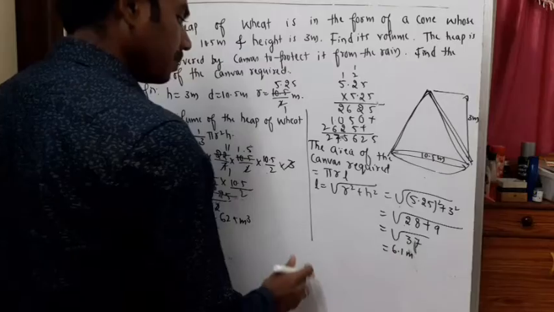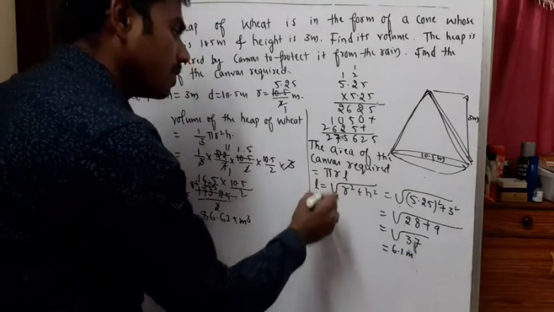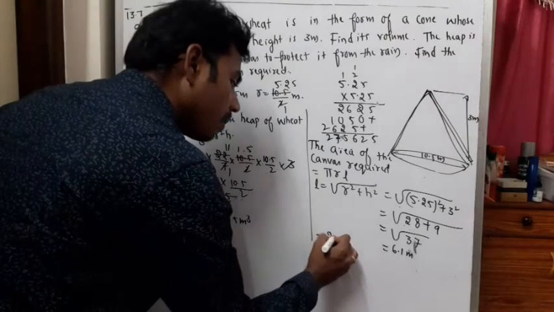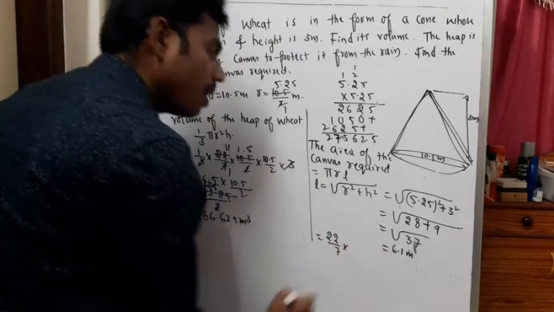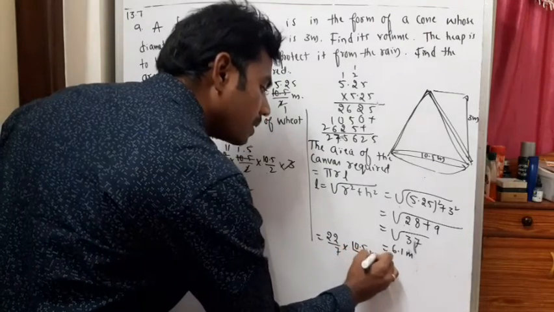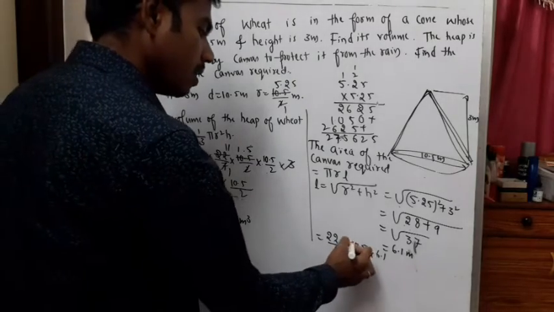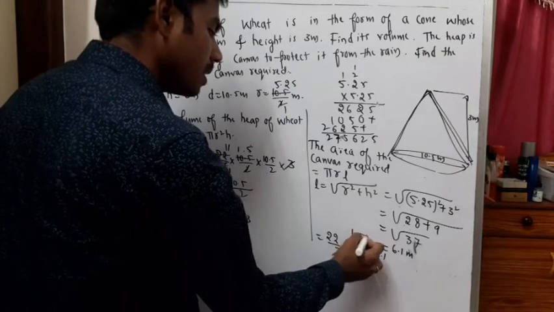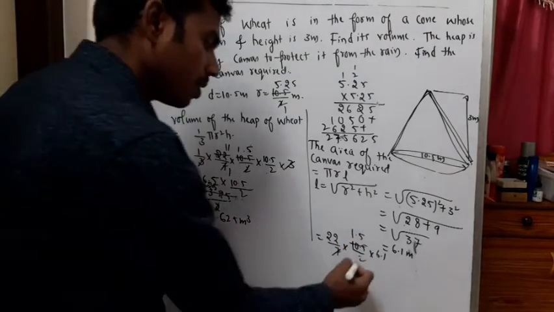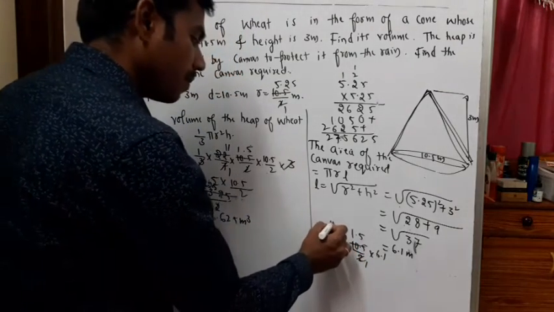Now this is equal to, in place of pi we can write 22 by 7. What is r? R is nothing but 10.5 divided by 2. L is nothing but 6.1. Okay, 7 1s are 7, 7 5s are 35, 2 1s are 2, 2 11s are 22.